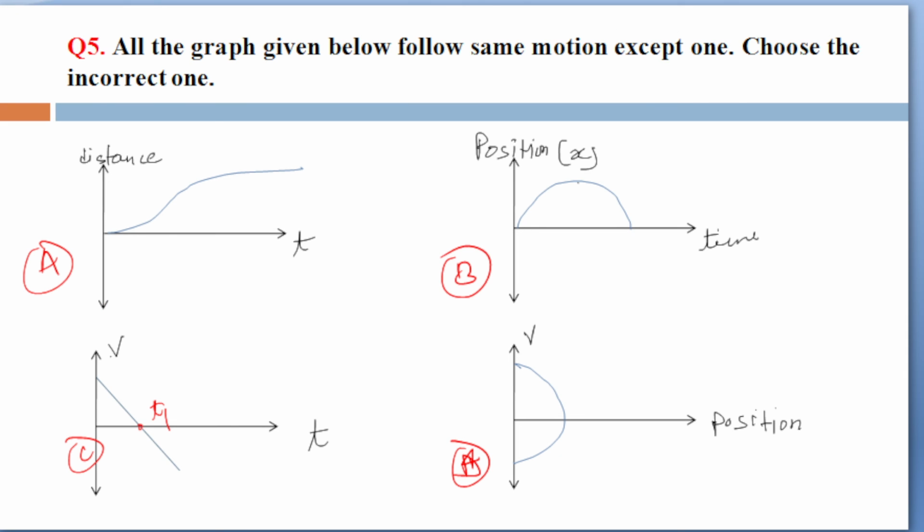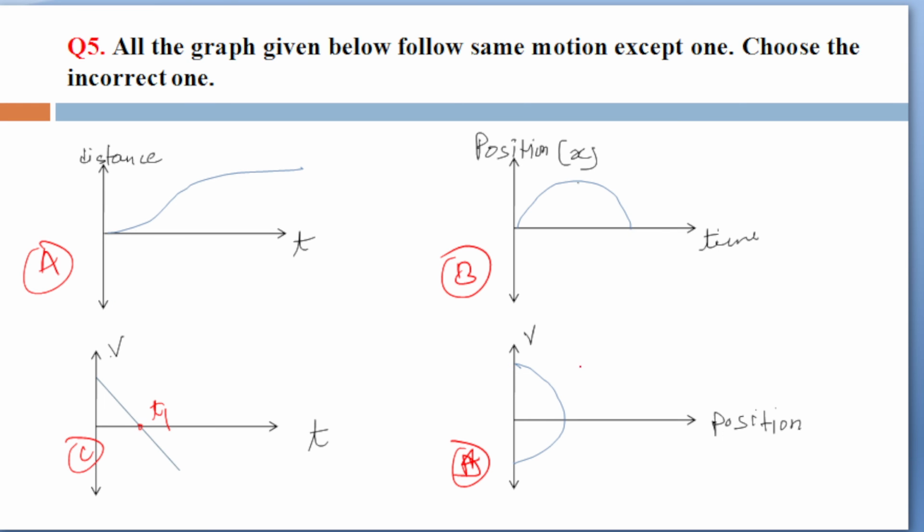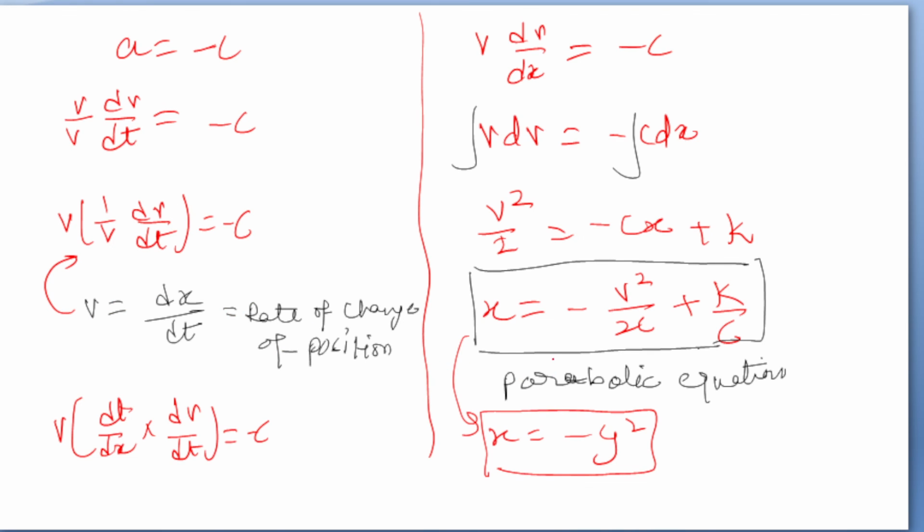Again the D option. D option is velocity versus position. The velocity versus position relationship we have seen in the previous question, that is this one. If we see, this is the parabola.